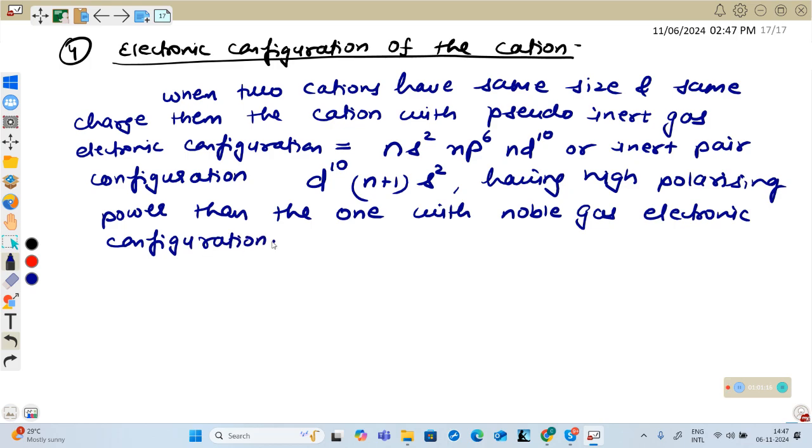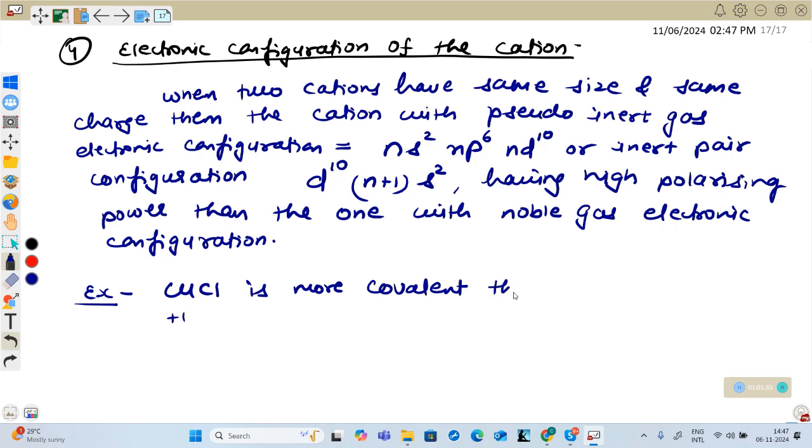Got it? So CuCl is more covalent because here the charge is +1. Cuprous chloride is more covalent than NaCl, because Cu+ has pseudo inert gas configuration. Copper shows two valencies, +1 cuprous, +2 cupric.